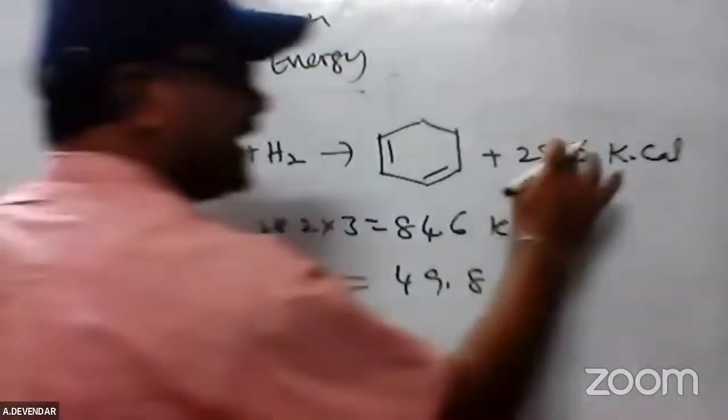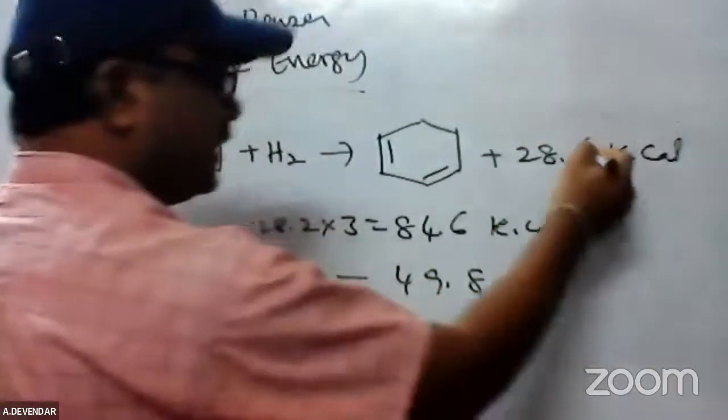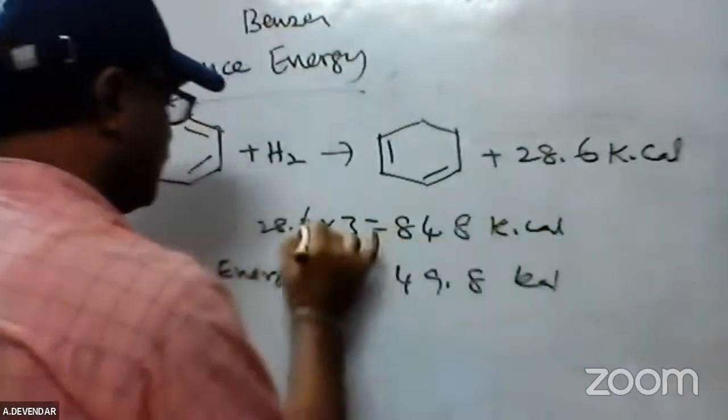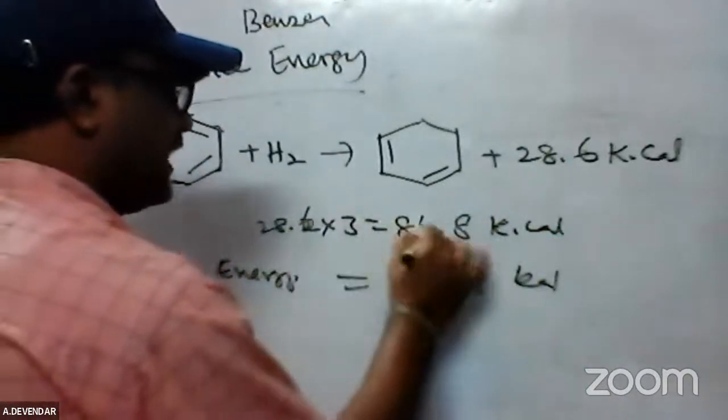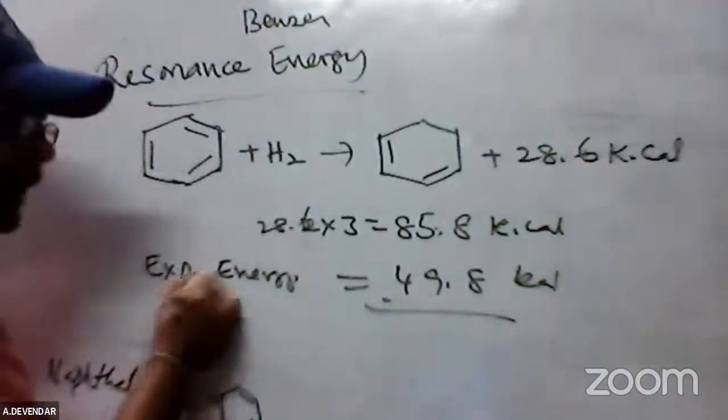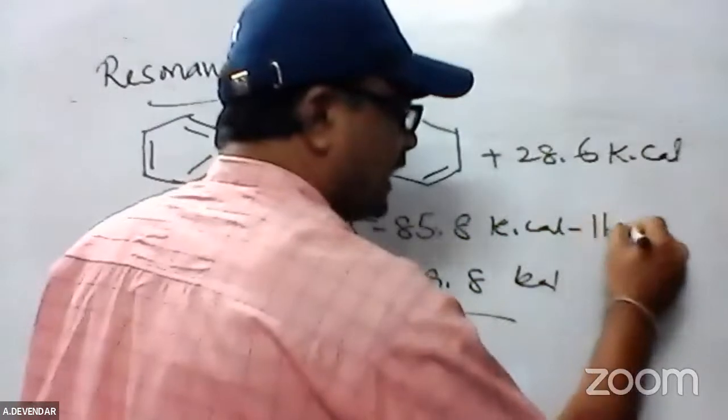Sorry, this is 28.6, so 3 6s are 18, 3 8s are 24, this is 85.8. Okay, now subtracting the experimental value from the theoretical value.